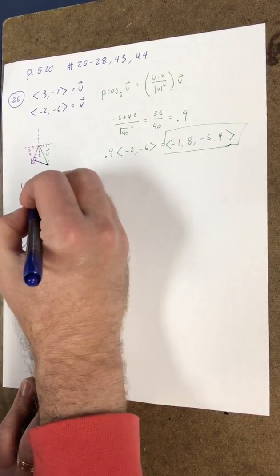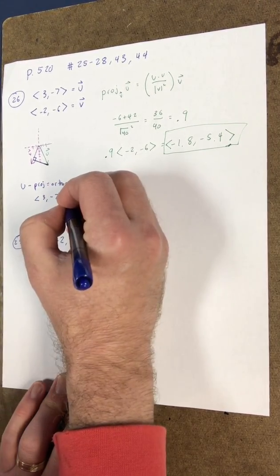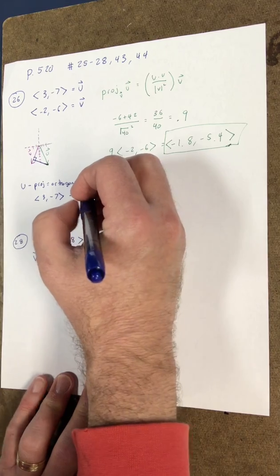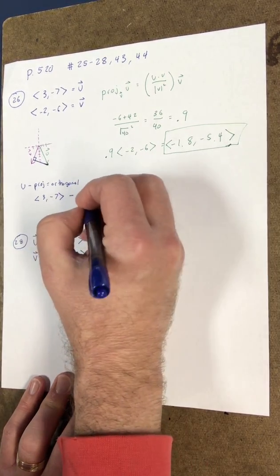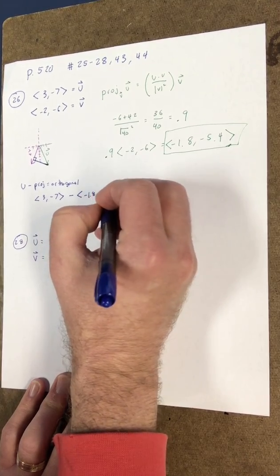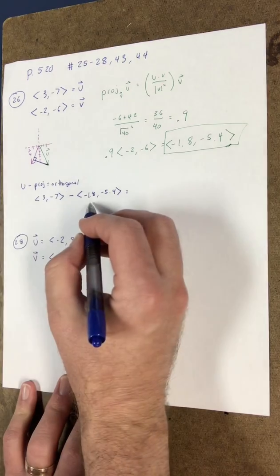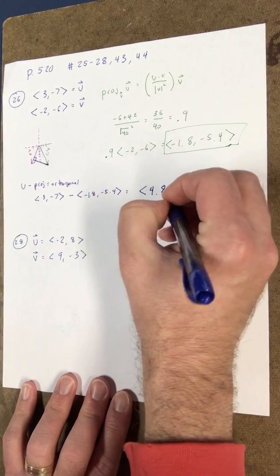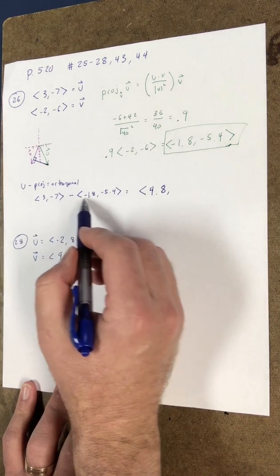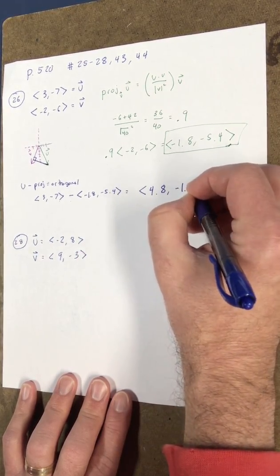So vector u, 3, -7. I'm going to subtract this guy, the projection, and 3 minus -1.8 is positive 4.8, and -7 plus 5.4 is -1.6.